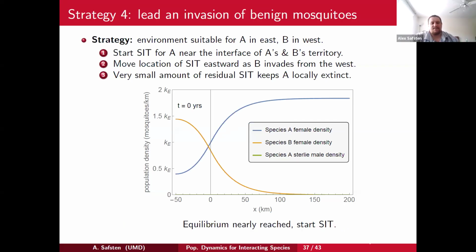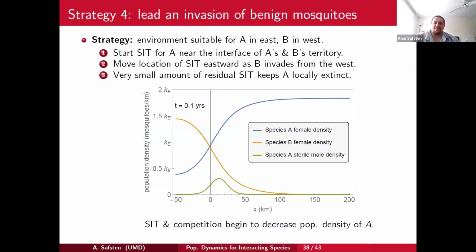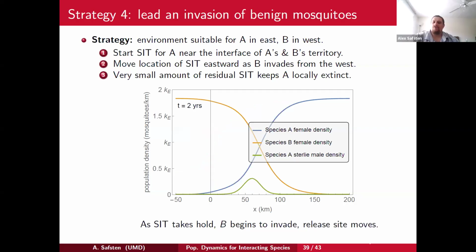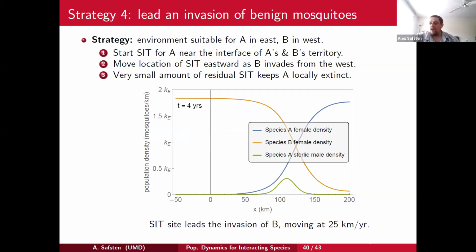So in this simulation, I'm going to spend 6 years getting the populations to their equilibrium, with species A being dominant on the right, species B dominant on the left. I start SIT right at the interface, and then I watch as the SIT allows species B to invade species A. And notice that I really only have to focus my SIT right at the interface.